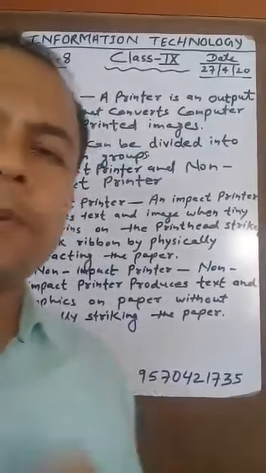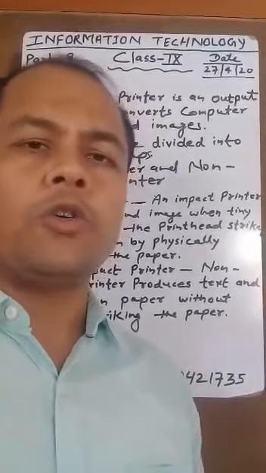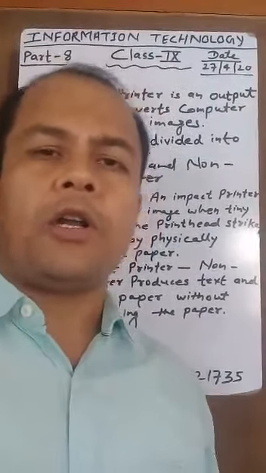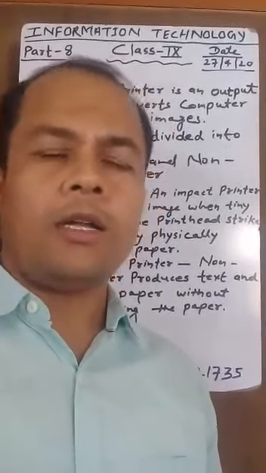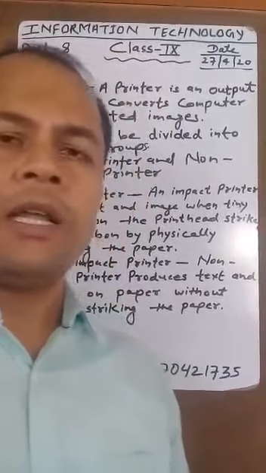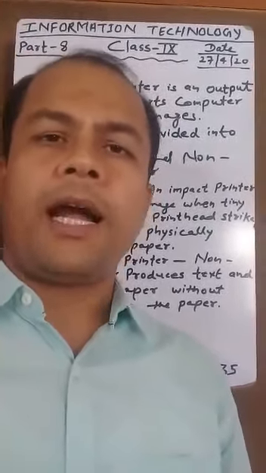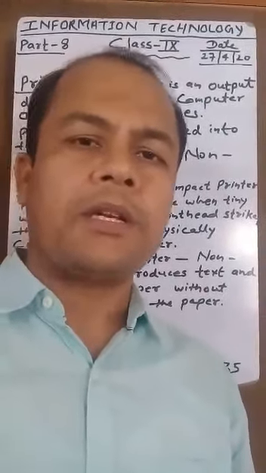An impact printer is that type of printer in which the print head strikes an ink ribbon on paper. There is physical contact between the paper and the print head. This is an impact printer.